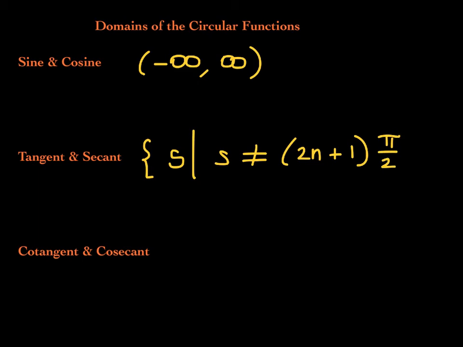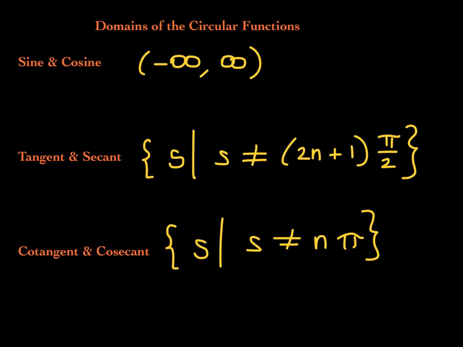This is called set builder notation. For cotangent and cosecant, it is the set of all s such that s is not any multiple of pi. Okay, these are the domains of all of our trig functions or circular functions.